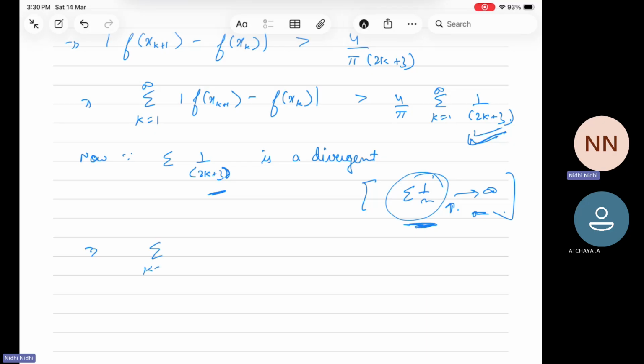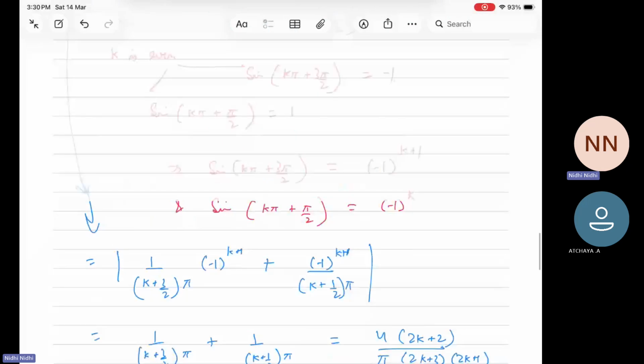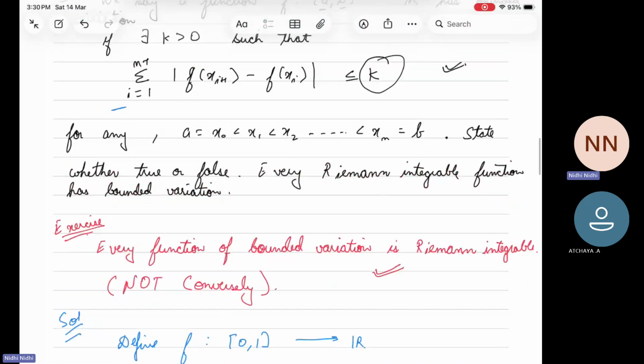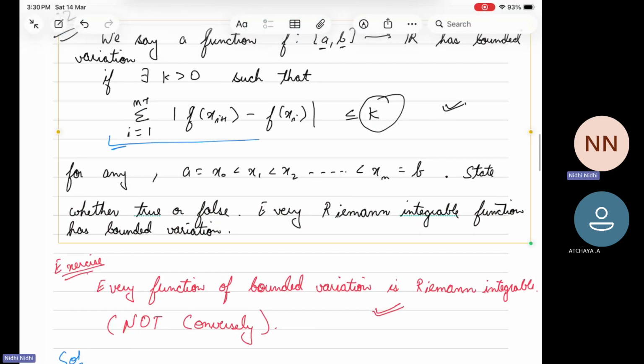That means summation k from 1 to infinity mod f(x_{k+1}) minus f(x_k) goes to infinity. Therefore, we got a partition corresponding to which the variation of the function is actually going to infinity, so it cannot be bounded.